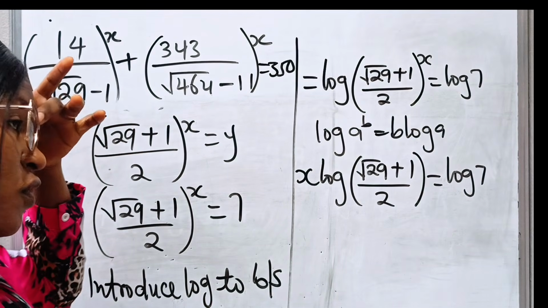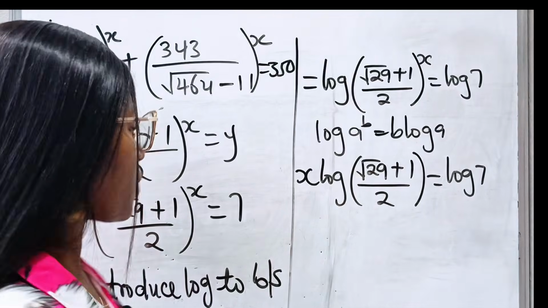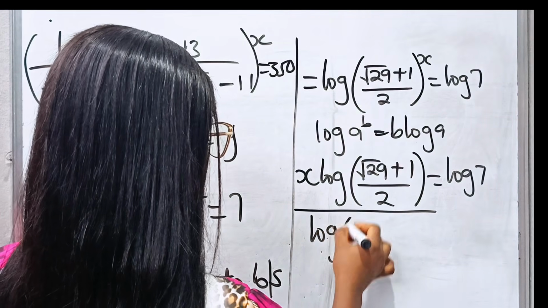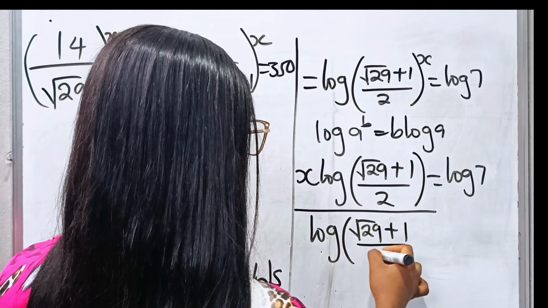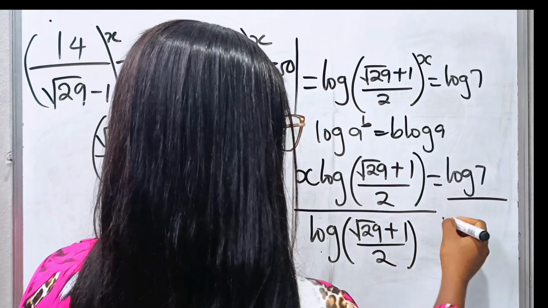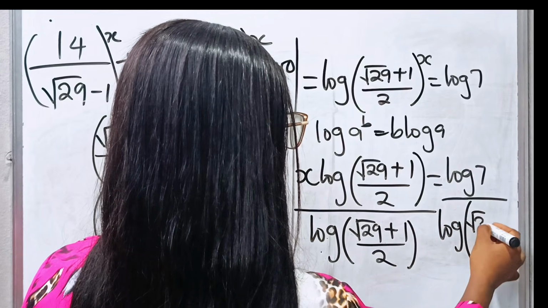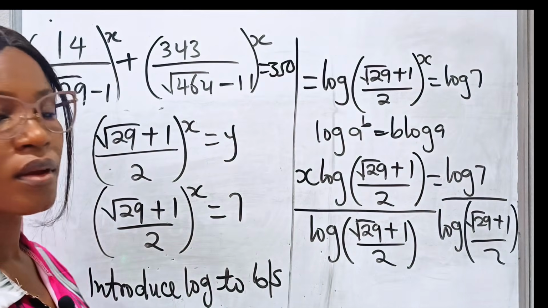Now, we are looking for the value of x. Let's divide both sides by log of square root of 29 plus 1 over 2.